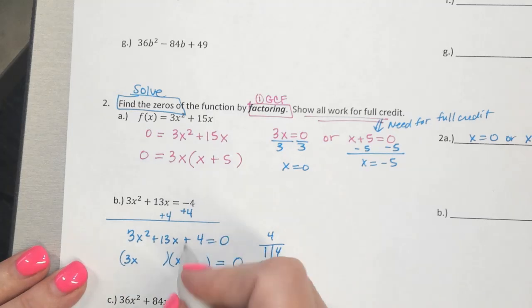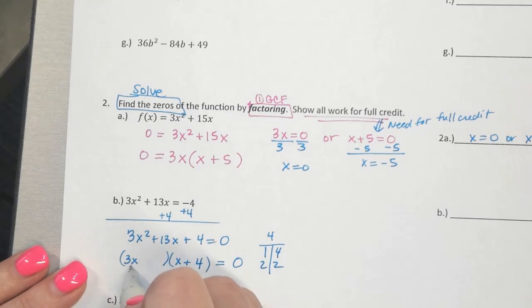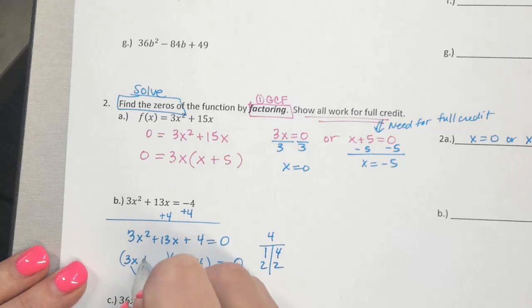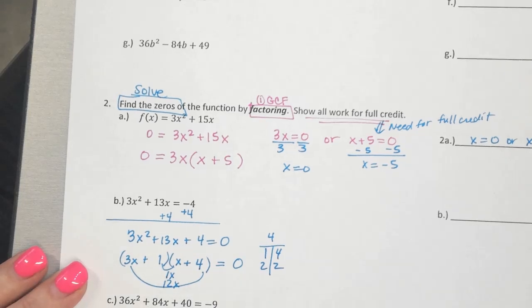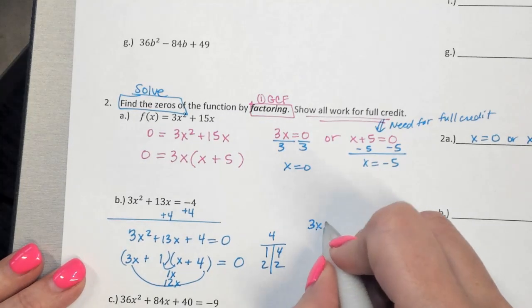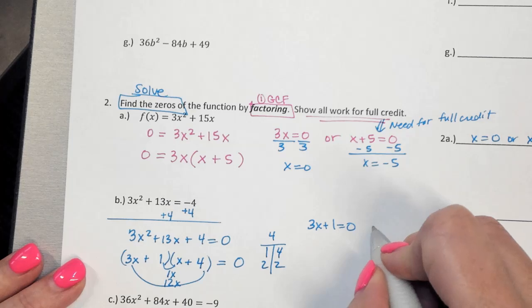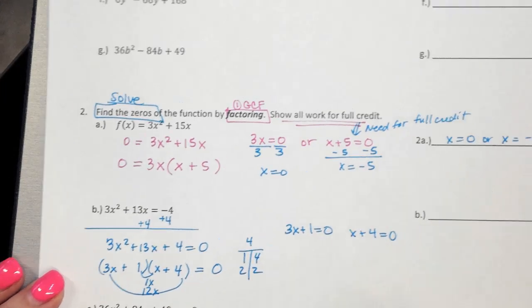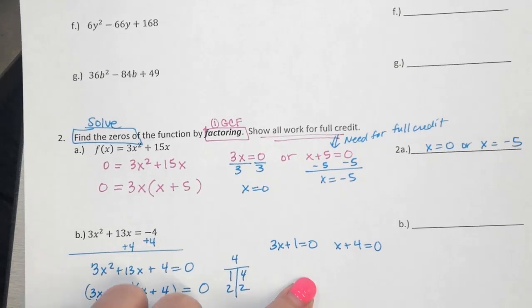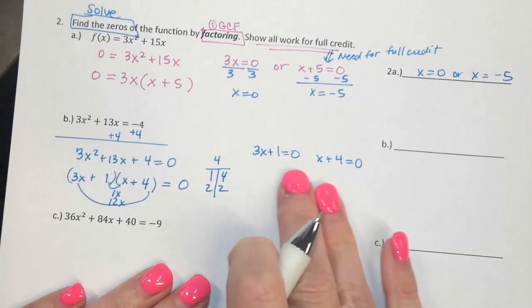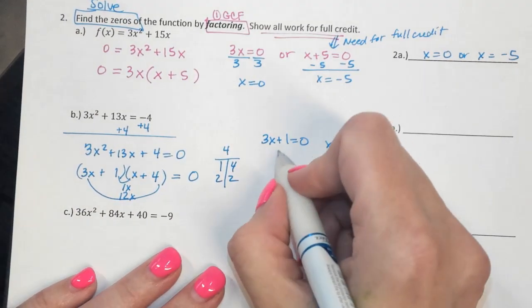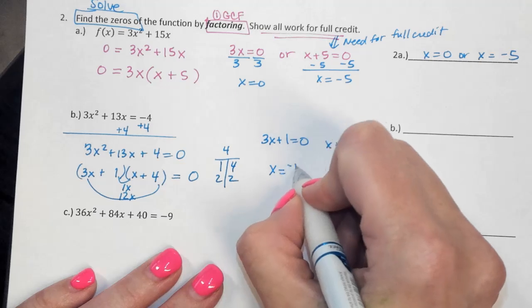I want to get to 13. I want to put this 4 here, so I have 12x. Positive and a positive means these are both positive. So 1x plus 12x is 13x. Yes, it is. And then you just have to do this step here. Don't forget this step. So double check right now that you have on your paper the zero product property. And then I'm okay if you jump from this to this.